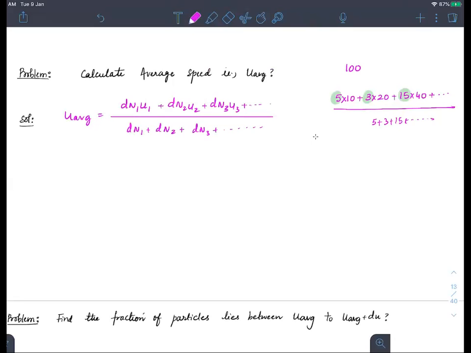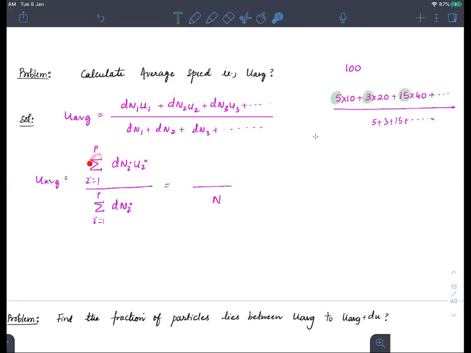This should be the average speed. I can write this as a summation from i equal to 1 to p, where p is the total number of parts, of dni into ui divided by the summation from i equal to 1 to p of dni. What happens if you add all the number of students? We should always get the total number of students. So below I will get n only.